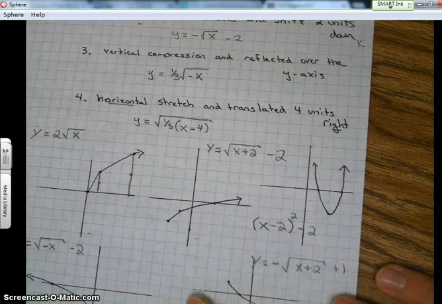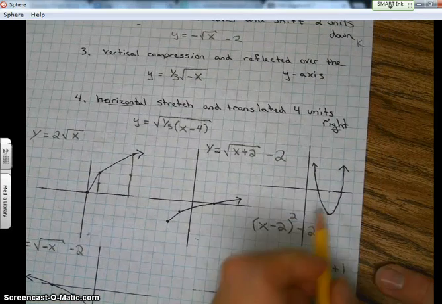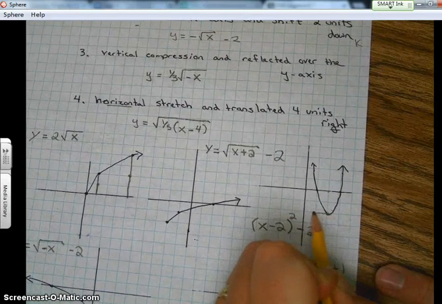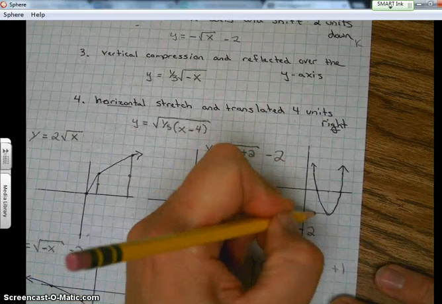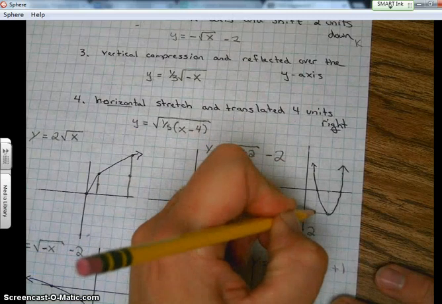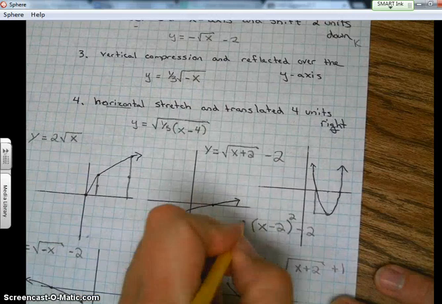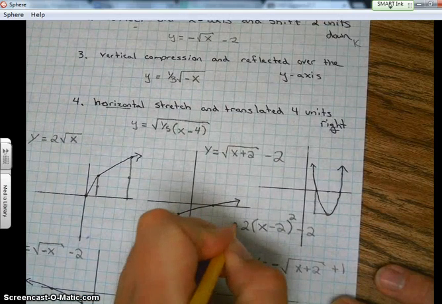And then recall, to check for your a value, you go to your vertex, and you go over 1 unit, and then you count to the point on the graph. 1, 2. So our a value is 2.